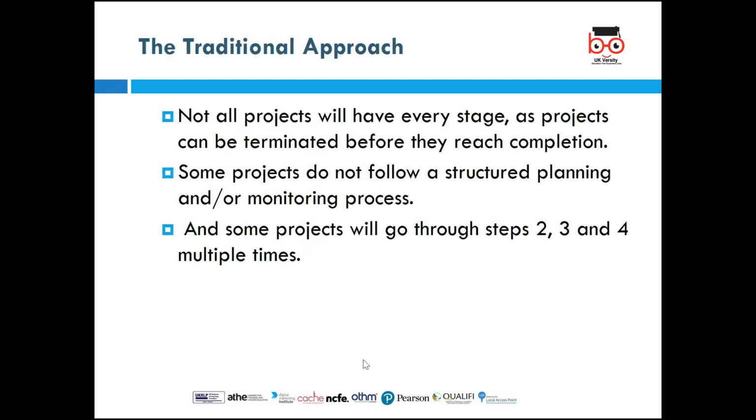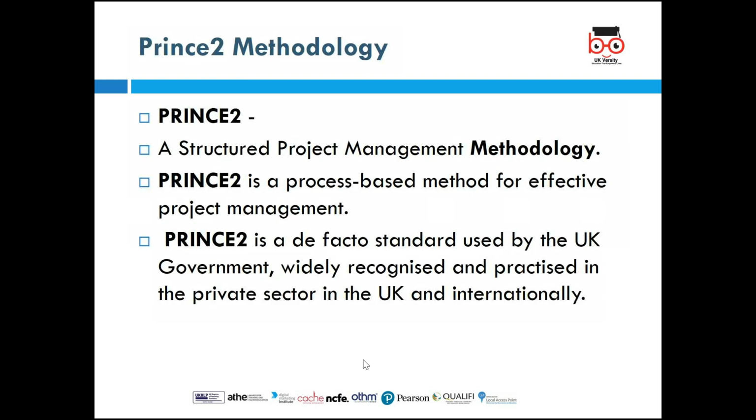So that is the main reason why we're saying that some projects will go through step 2, 3, and 4 multiple times before it will finally go to project closure. But we have to be aware that not all projects will reach completion. Some projects are often aborted. Right, so that is the traditional approach.